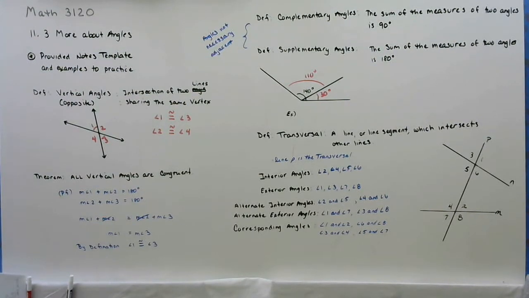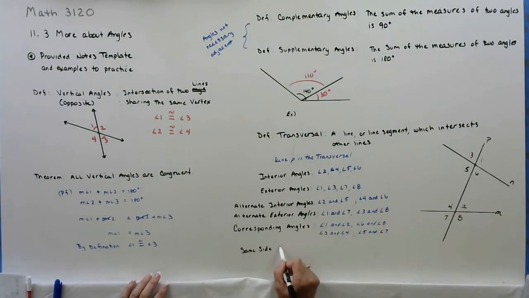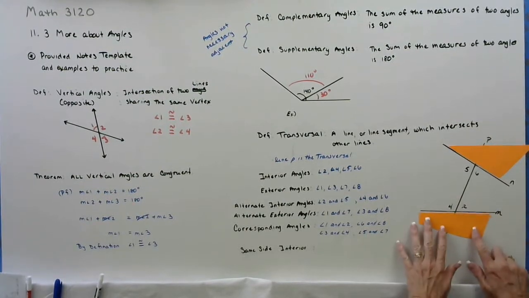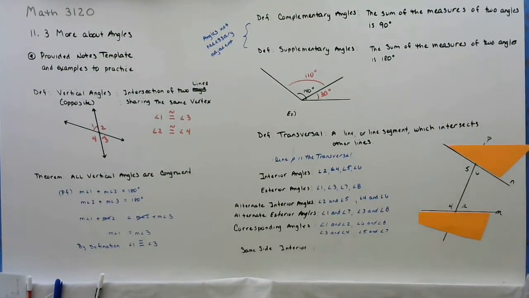Okay. And then let's go ahead and look at, because it's going to show up in a theorem in a little bit, what's called same side interior. Same side. So same side of the transversal, interior. Same side interior. So if I use my figures again, interior implies I'm only looking at everything on the inside of our two lines that were cut by the transversal.